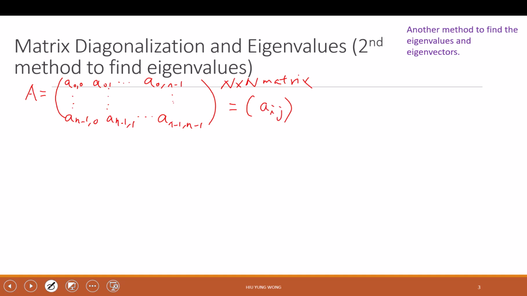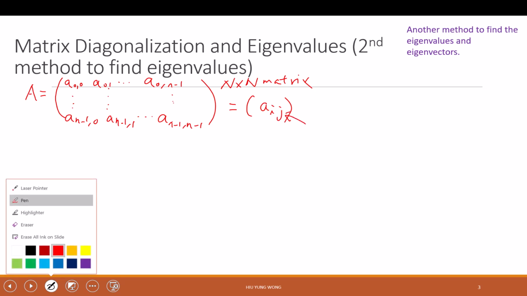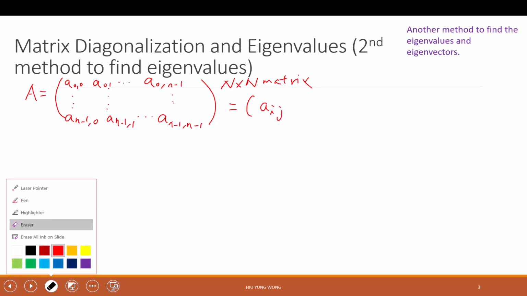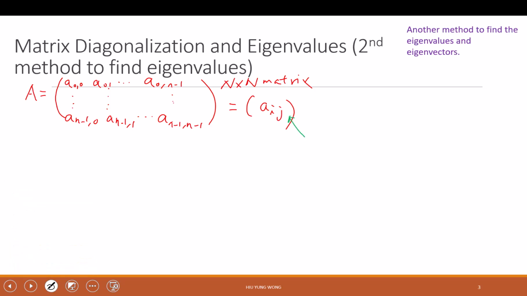It means this is the element of the ith row, jth column.